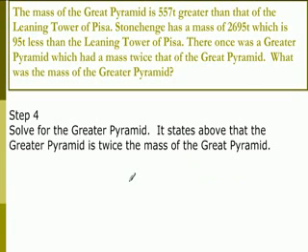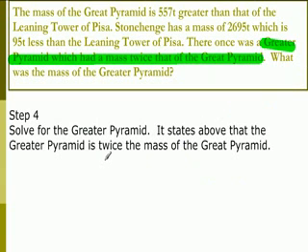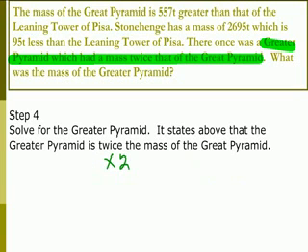So we have one last thing to do. In our problem, it states above that the Greater Pyramid has a mass twice that of the Great Pyramid. So twice that means to multiply by 2. We figured out that the Great Pyramid was 4347, times 2.